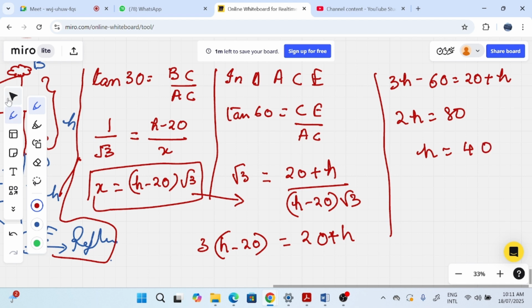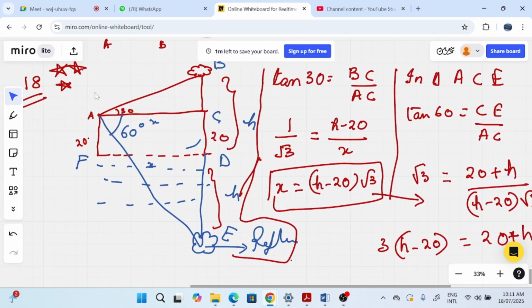Now let me just see the diagram. It's correct, H is 40. So we will have to substitute the value.